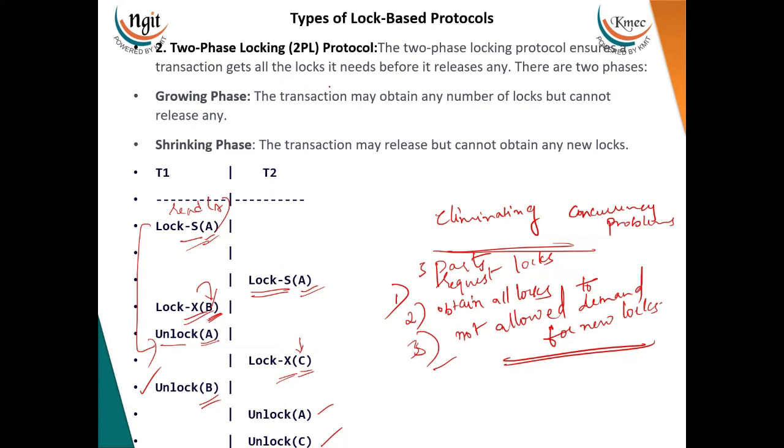Now, this two-phase locking protocol allows each transaction to make a lock or unlock request in two different phases. One is the growing phase and the other one is the shrinking phase. What is the growing phase?